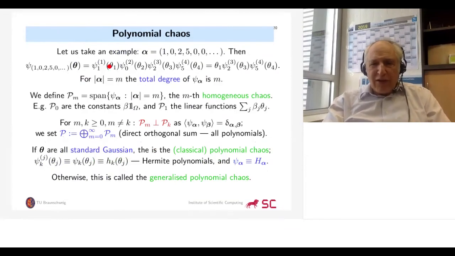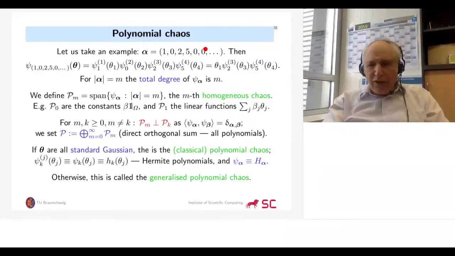Just have a look at this as an example. Imagine alpha is 1, 0, 2, 5, and from then on it's all 0. Then this polynomial is like this: c_1 in the first random variable, c_0 because there's a 0 in the second random variable, c_2 because there's a 2 in the third random variable, and c_5 in the fourth random variable.